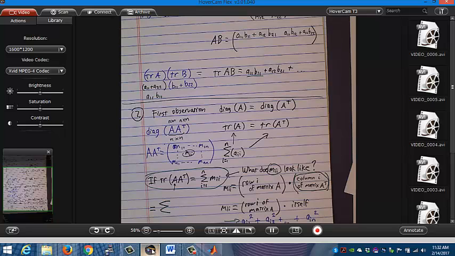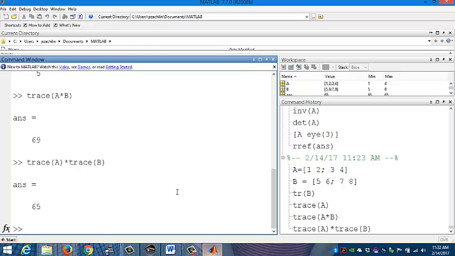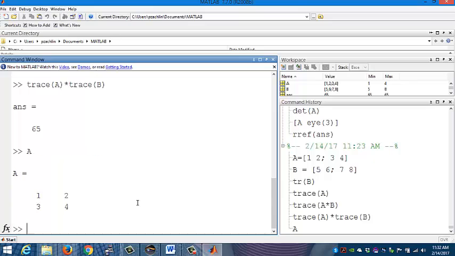I don't like what they wrote. They wrote AII squared. But I feel like you're going to get every element. MATLAB can help. Here we go. All right, here's matrix A: 1, 2, 3, 4. Let's compute the trace of A times A transpose, which you get with the apostrophe.